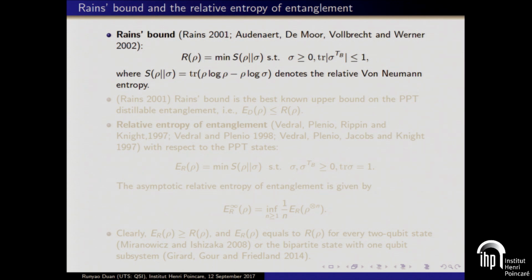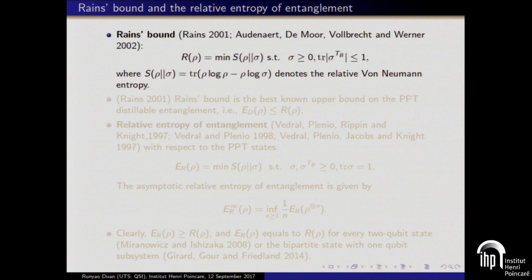Okay, that's some result. But now I come to the key result we will have. The result is about the Rains bound, because the Rains bound was introduced by Eric Rains in 2001, and also studied by Runyao and his colleagues. So this R of rho is defined as the minimum of the relative entropy between rho and sigma, where sigma is a special class of states.